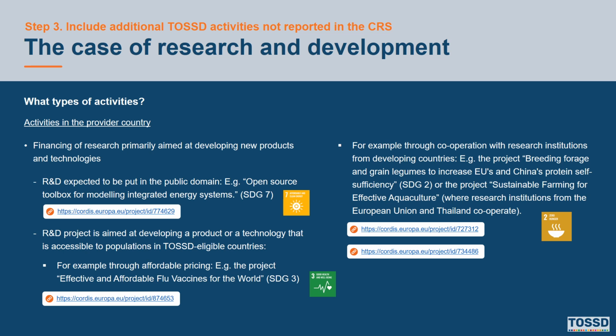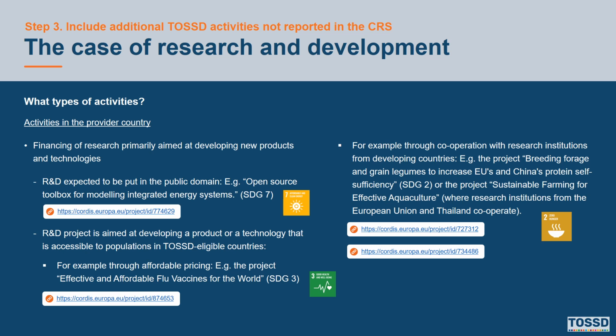In addition, a research and development project that would be eligible in TOSSD would be a project that is aimed at developing a product or technology that is accessible to populations in TOSSD eligible countries. This access could be ensured, for example, through affordable pricing.